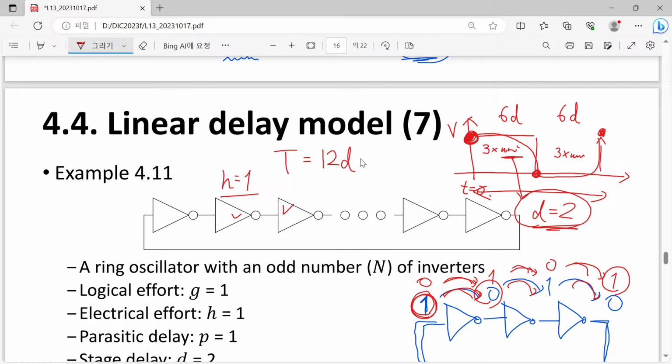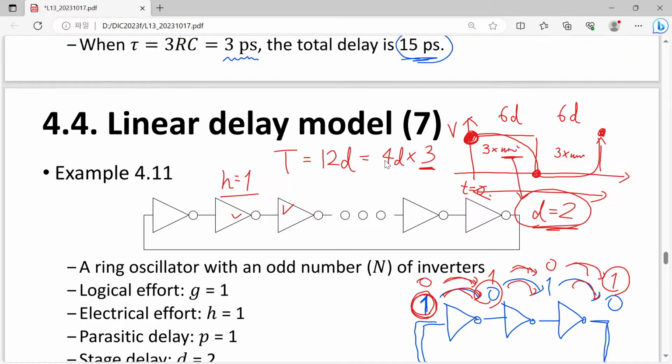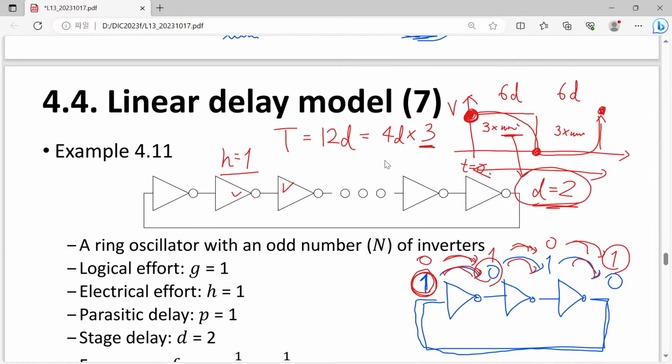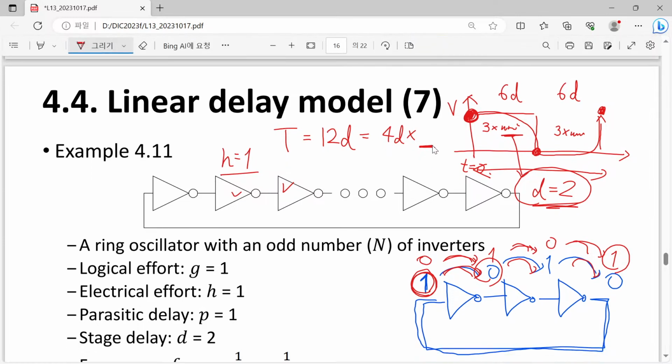And this 12 times d can, of course, be considered as 4 times d multiplied by the number of stages, number of inverters n. So that will be the one period for your ring oscillator. So simply speaking, instead of this number 3, if you have 5, then you will have a longer transition time.